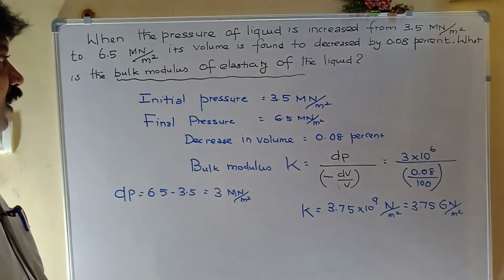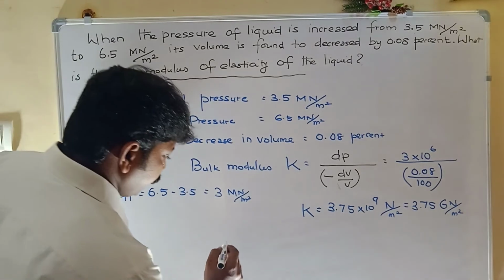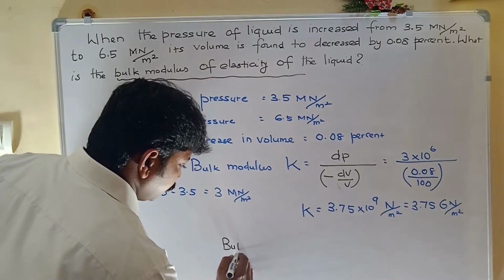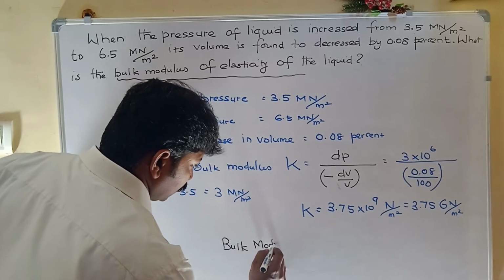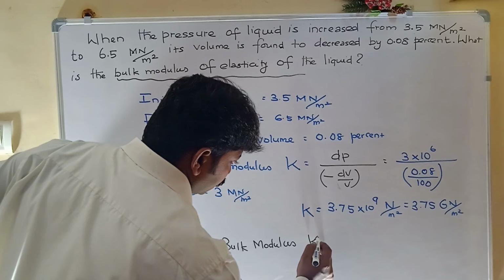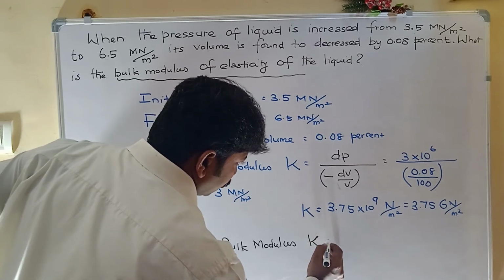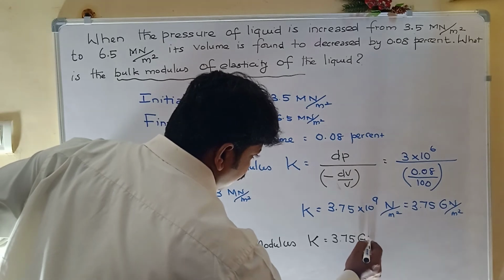So the bulk modulus of elasticity of the liquid equals 3.75 giganewton per meter square.